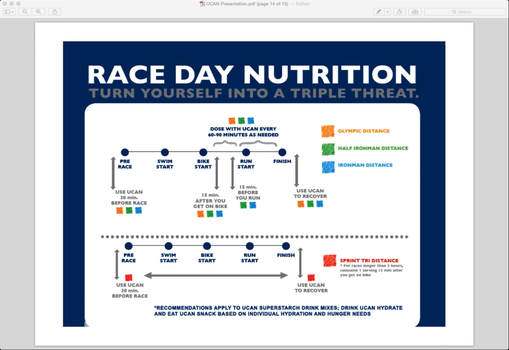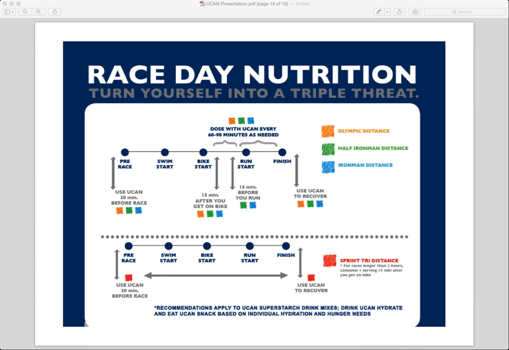And what Matt really does for the 70.3 specifically, he had 3 scoops of the UCAN in his bike bottle, all mixed into one bottle. And then he had his electrolytes, his hydration separate. And then roughly every 60 to 75 minutes, he was taking a large swig out of that bottle, essentially taking a serving down at once. And then in between those servings, he was just sipping on his hydration.